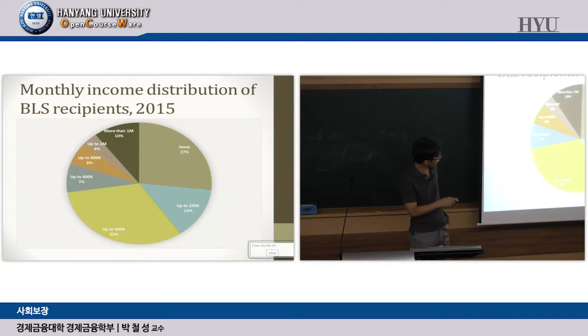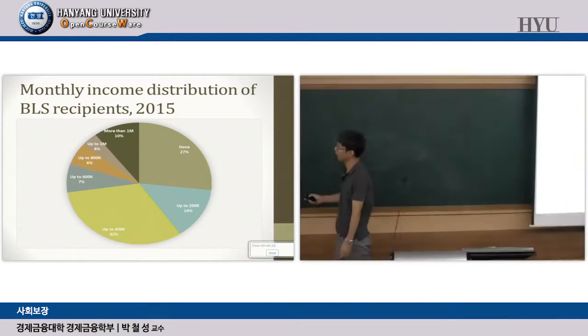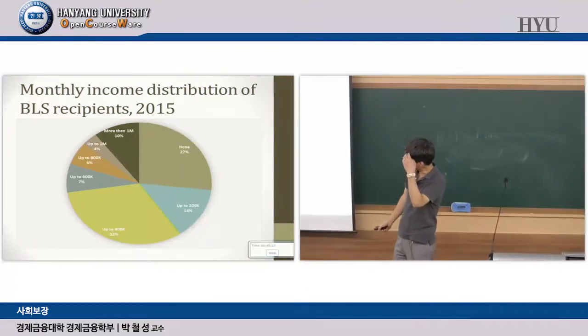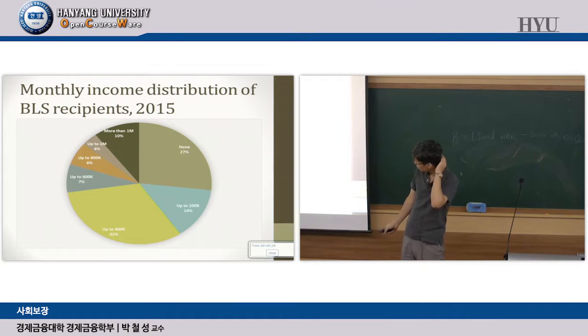If you add them up, it's about 3/4. So 3/4 of the Korean recipients earn on their own less than 400K won per month. That's a very small amount.